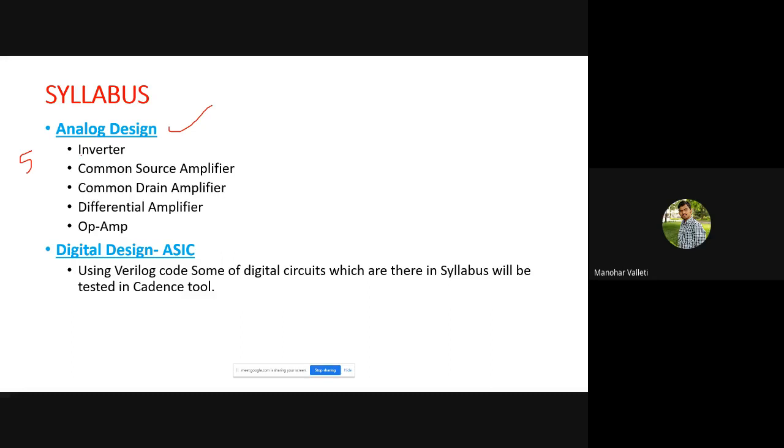From one circuit to another there is a relationship. An inverter has one input and one output, and with some small modifications to the same inverter circuit, you can get a common source amplifier. With small modifications to the common source amplifier, you get a common drain amplifier.